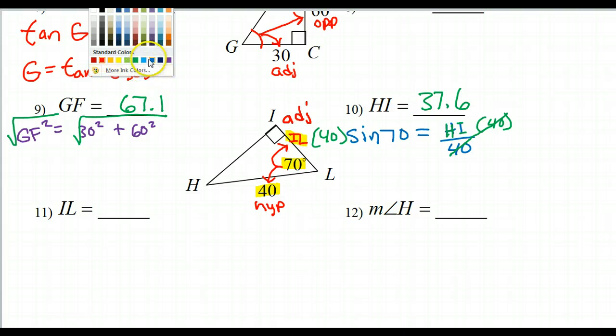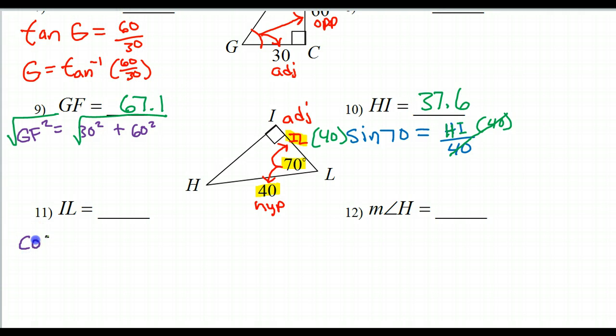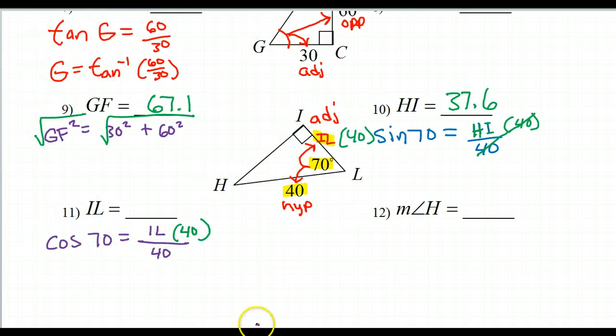So we are going to do cosine of 70 is equal to adjacent over hypotenuse, so IL over 40. So once again, we're just going to multiply both sides by 40 to get IL by itself. So these 40s cancel each other out, so we just have 40 cosine 70. So that's 40 cosine 70 in your calculator. It's 13.7. So IL is 13.7.